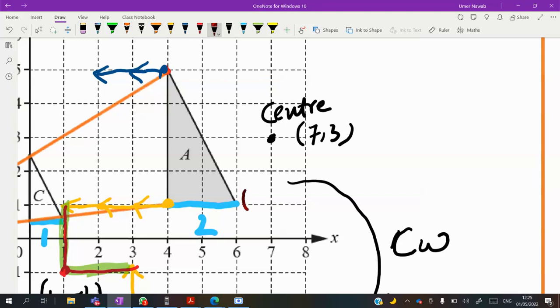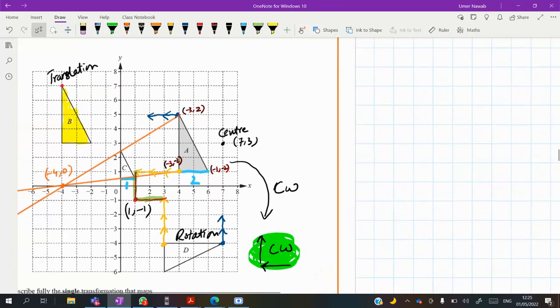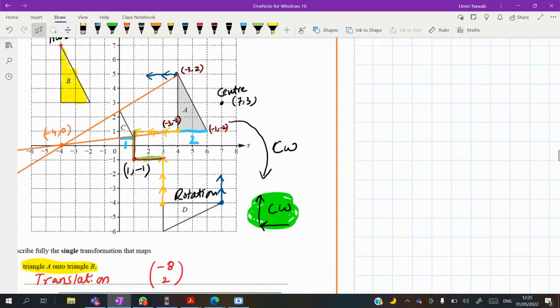So guys, can you write the coordinates of this point, which is one left and two down, and the coordinates of this point, which should be -3, -2, and the coordinates of this point, which will be three left, two up. Now, after writing these 3 points, I will see what my scale factor is.